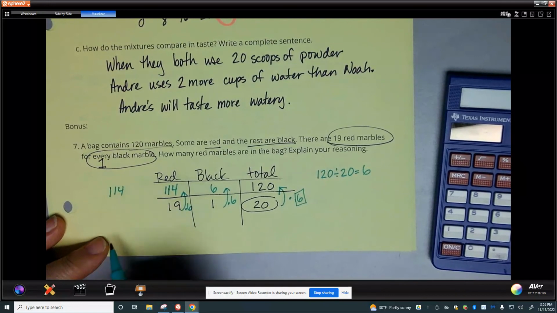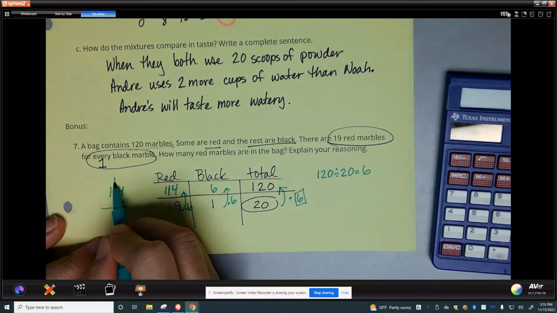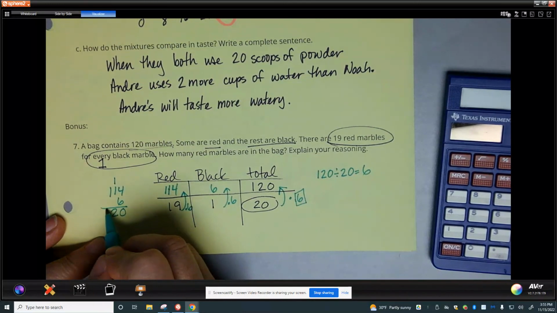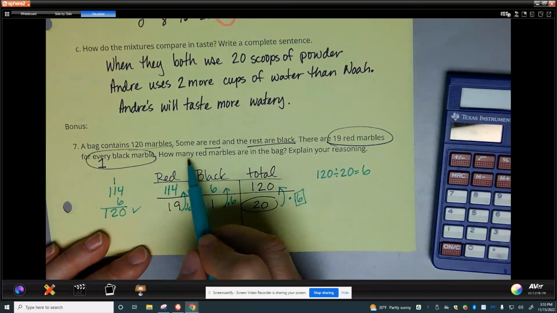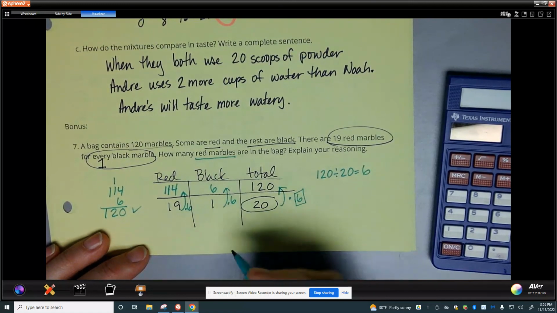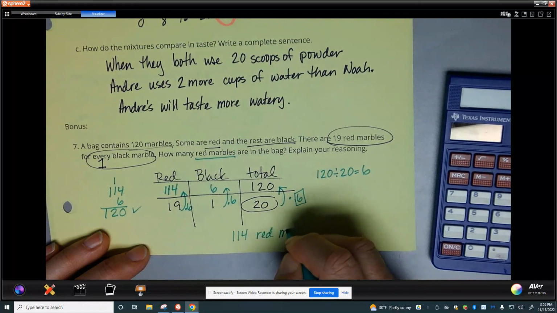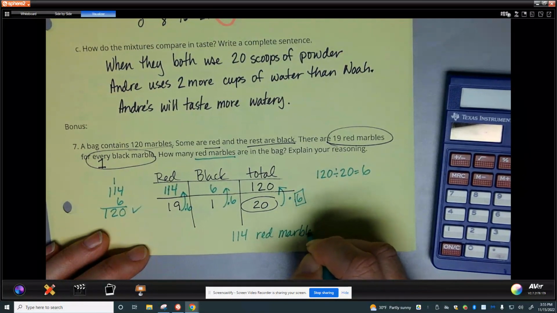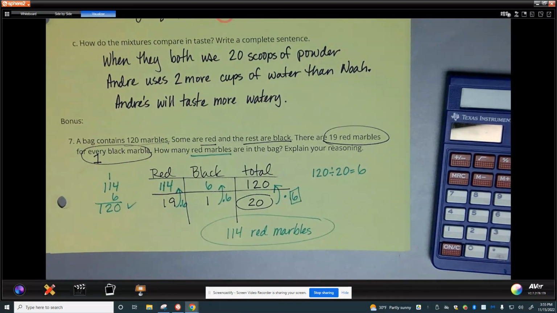I have 114 red plus 6 black. 4 and 6 is 10 with a carry. 1, 2. All right, that means I did it correctly. Now we need to make sure we answer the question. How many red marbles? 114 red marbles. All righty, great job.